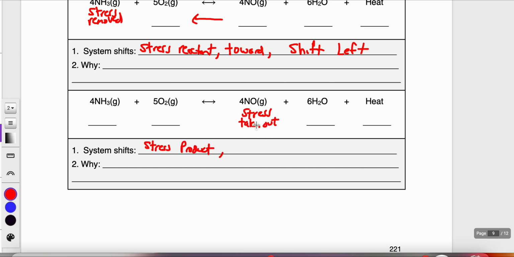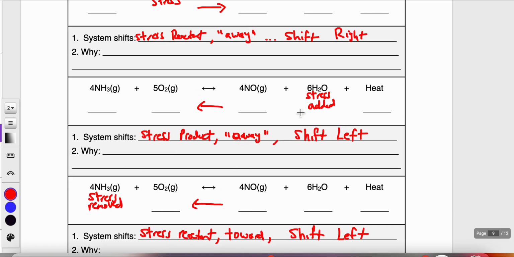And when the stress is a removal or something has been taken out, it has to be replaced. So the system is going to shift towards it. Which means if it's shifting towards this stress, the system will shift right because the stress is a product.